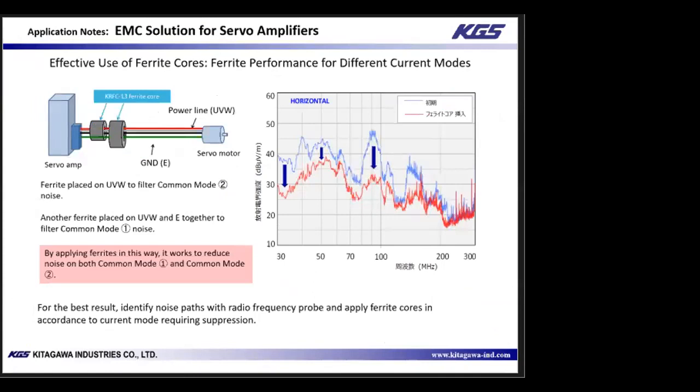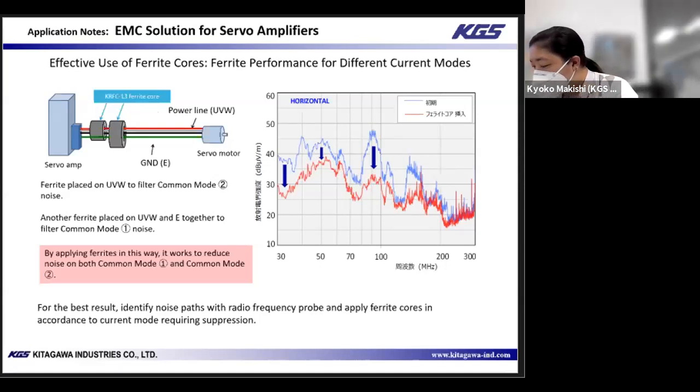Yeah, that's the one that was prompting my question. Thank you. So 1 ferrite is placed on the UVW line to filter common mode 2. If it's separate, so if you apply the ferrite core onto the UVW line, and then another one separately on the E line, it would actually filter common mode number 2 noise twice. It could also work for common mode number 1.